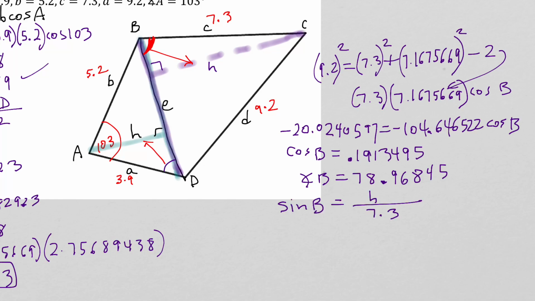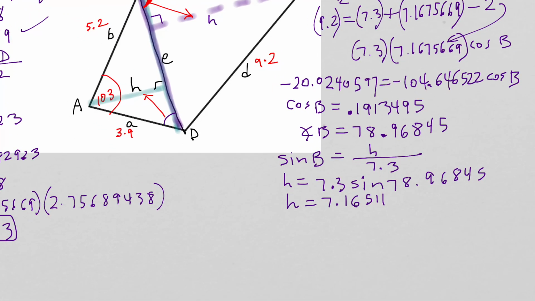Now I'm going to solve for h. So h is going to be 7.3 times the sine of the angle B, which is that angle. Typing that into my calculator, I get h is equal to 7.16511. All right, so now I can find the area of the second triangle.